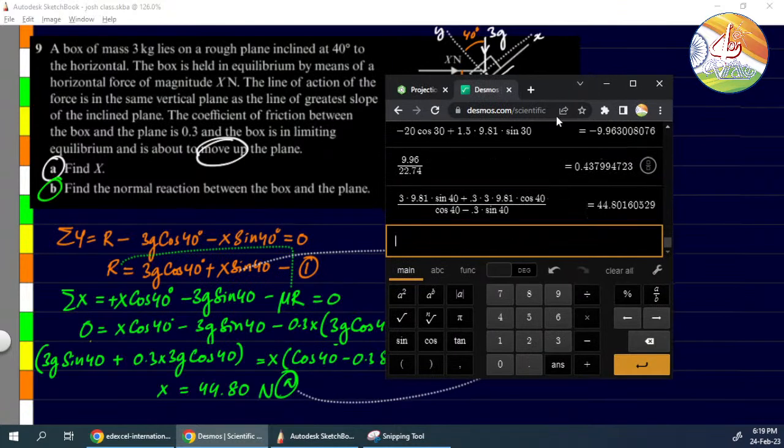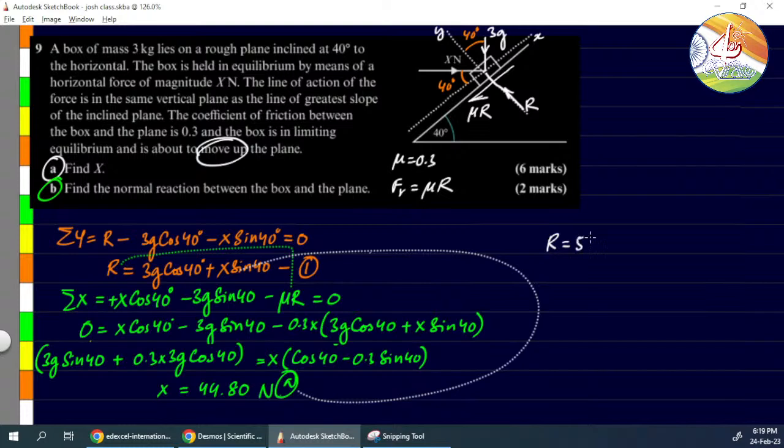R equals 3 into 9.81 into cos 40 plus x value, which is 44.80 into sine 40. So we are getting 51.34 newtons. So this is the answer to B bit.